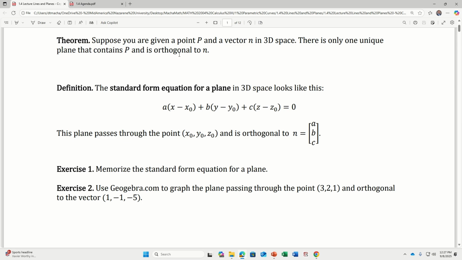If you have a point and a vector in 3D space, there is only one unique plane that contains that point and is orthogonal to the vector.